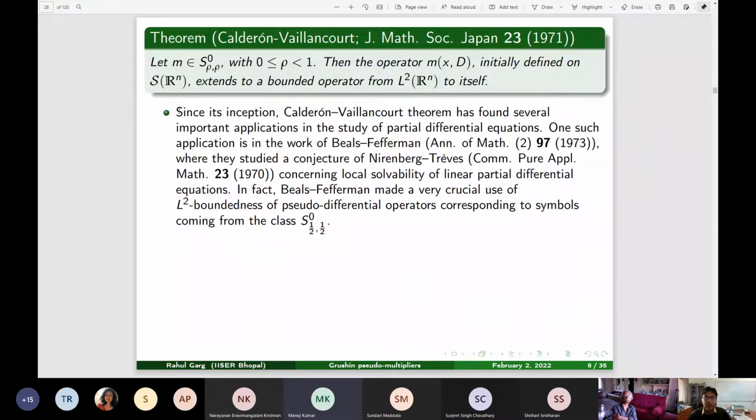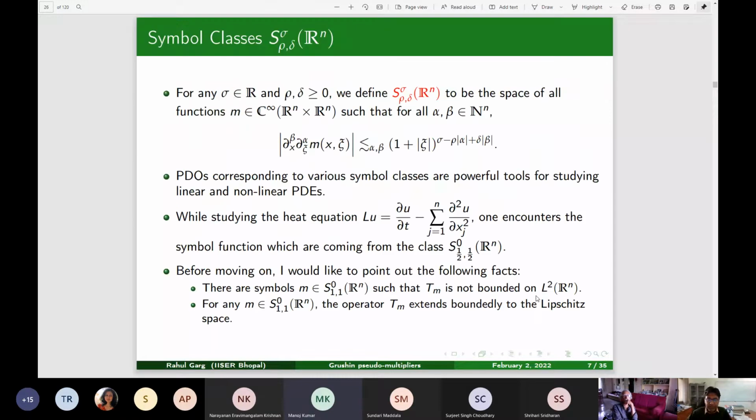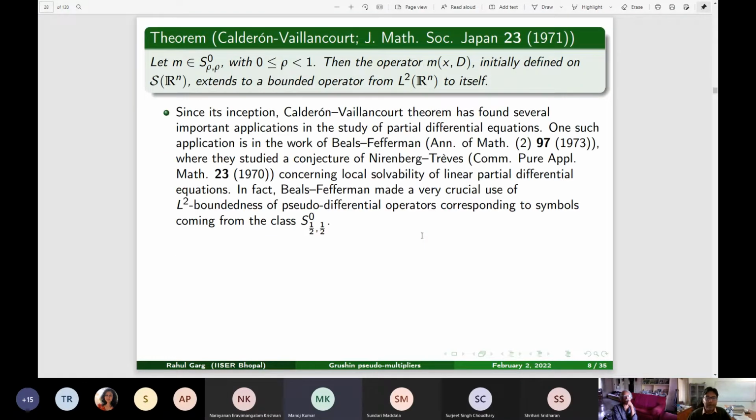So this is one thing I want to mention once again. I did mention that in the heat equation one does encounter that S0 half-half becomes rather important. There is another instance classically, and I read it from the book of Stein and in one of the papers also, that as soon as this theorem was established, there was a very important application in the work of Beals and Fefferman in 73. As you can see, around 71, lots of activities happened.